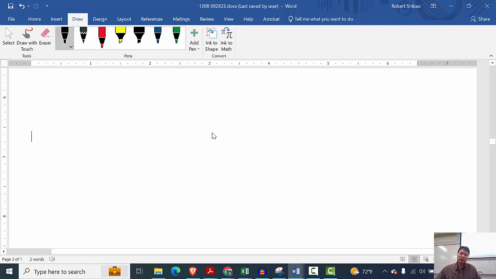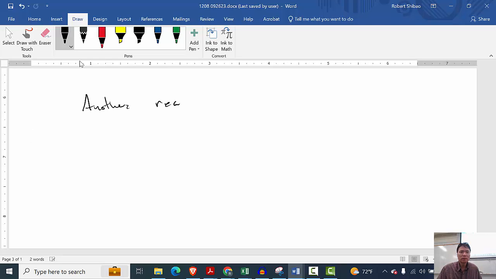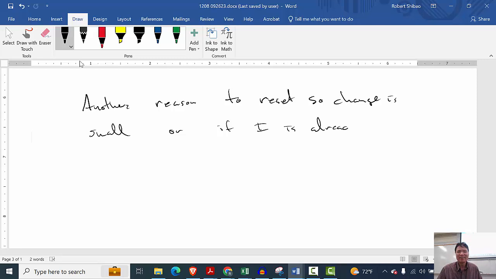There's another reason for resetting it so that the change is small. Or if the initial conditions are already resulting in a small change, you can use this as well.